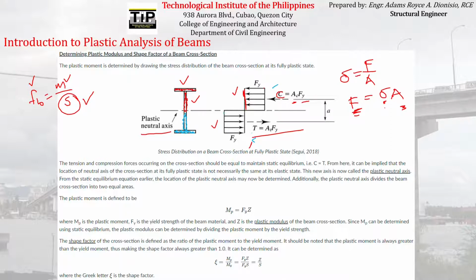Or simply, gamitan mo na lang ng technique na ang pagkuha ng resultant ay equal lang sa volume nung diagram, nung load distribution or stress distribution diagram. 'Di ba 'pag tinignan mo yung stress distribution dito sa section na 'to, it will actually look something like this. Medyo gagawin kong 3D view, kung ito yung upper flange with the web, ganito yung itsura ng stresses diyan.